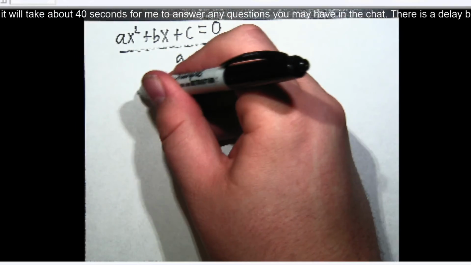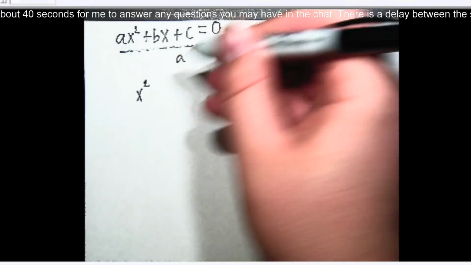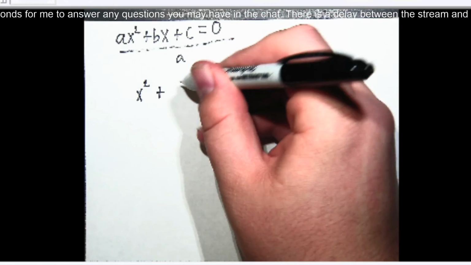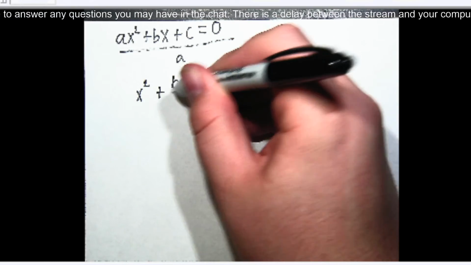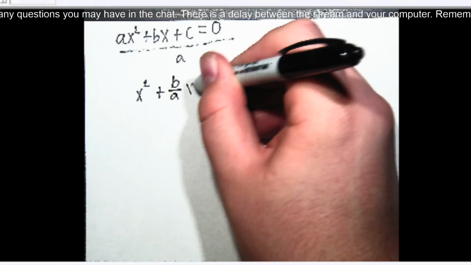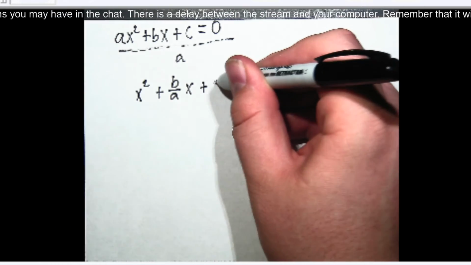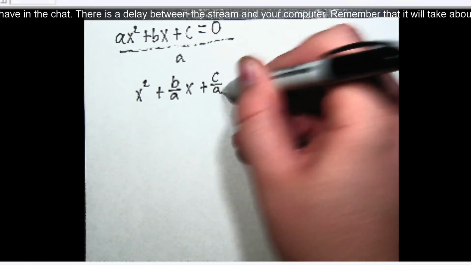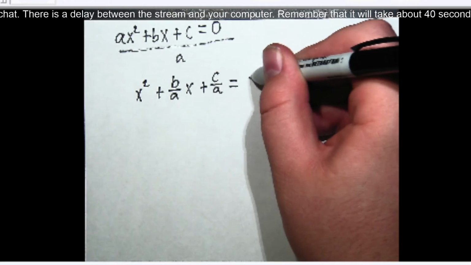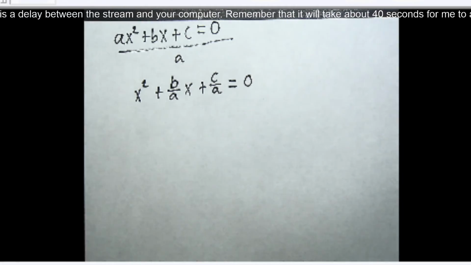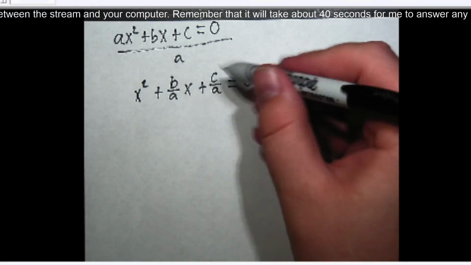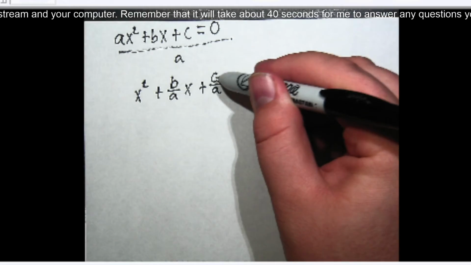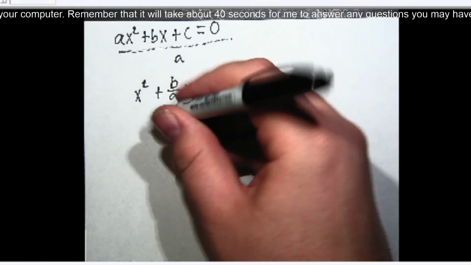That gives us x squared plus b divided by a x plus c over a equals 0. We want the x's by themselves, so we move c over a.